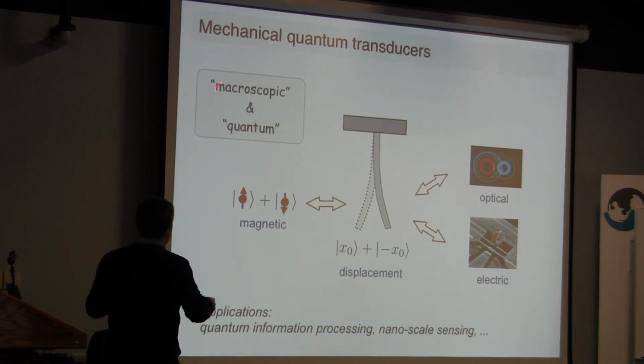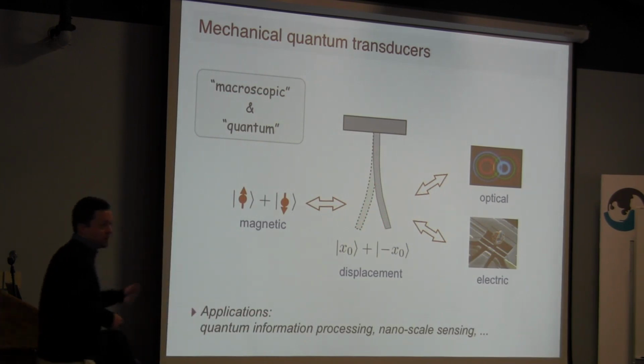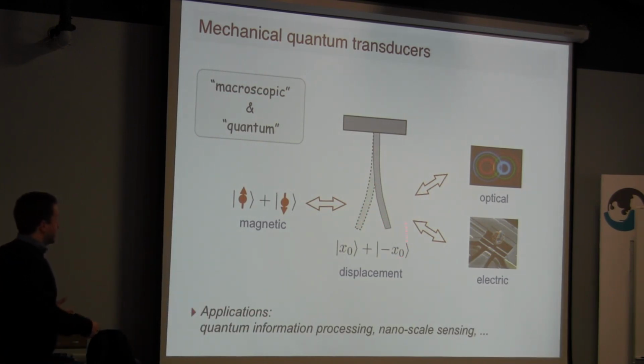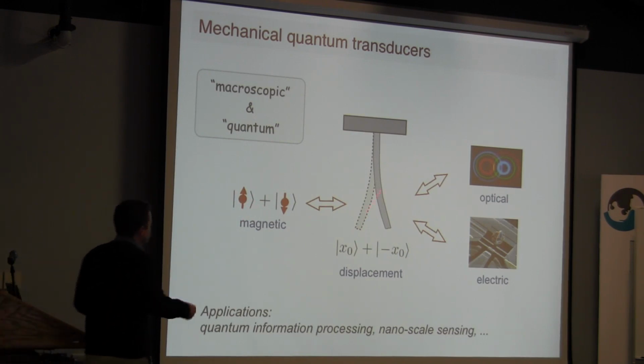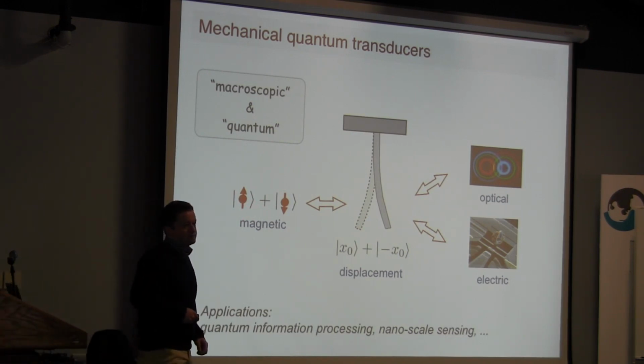They are still macroscopic, so we can put mirrors there, we can charge them up, we can put magnets there. But at the same time, if we manage to have them in fully quantum dynamics, we can now mediate couplings between magnetic, optical, and electric forces via coherent intermediate mechanical resonators.